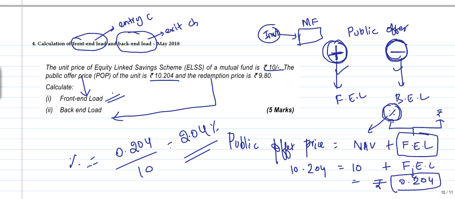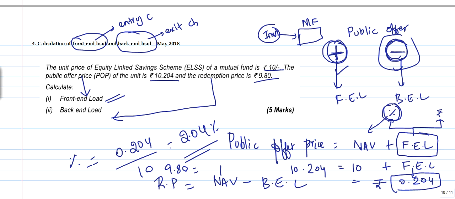In case of backend, the same thing, redemption will be applicable. So redemption price is equal to NAV minus backend load. 9.80 is given, and NAV is 10. We don't have a closing NAV, which is a problem in the question.